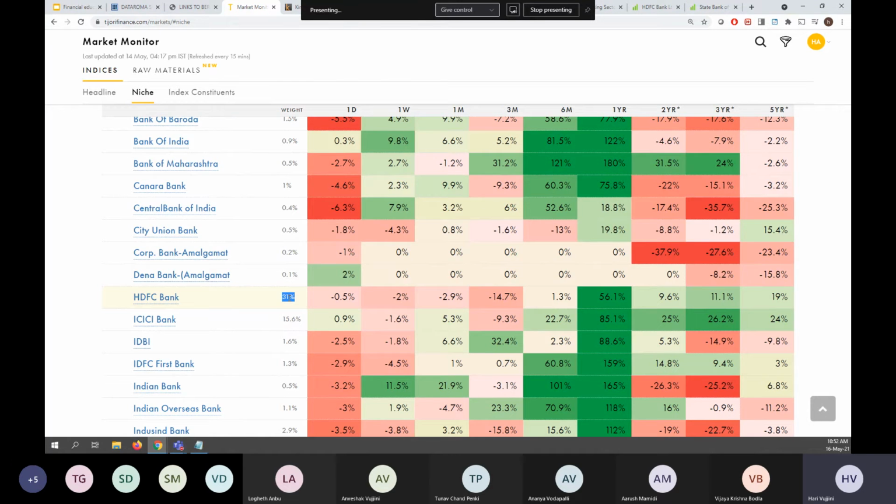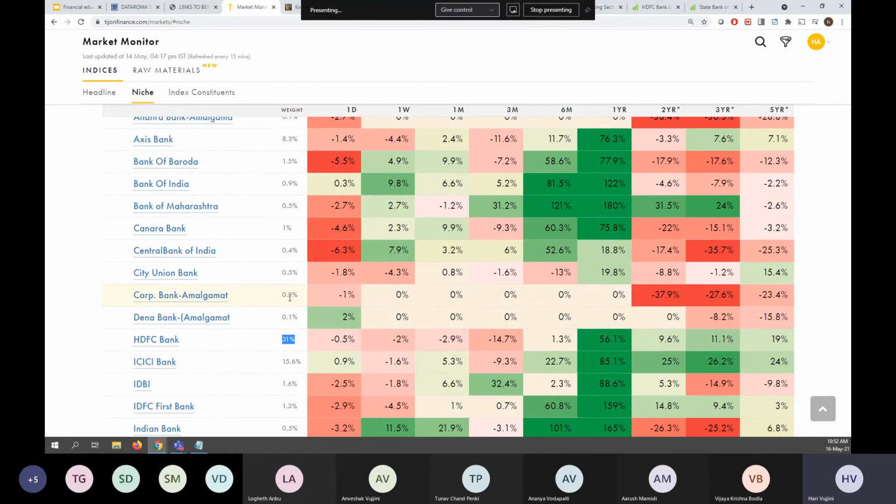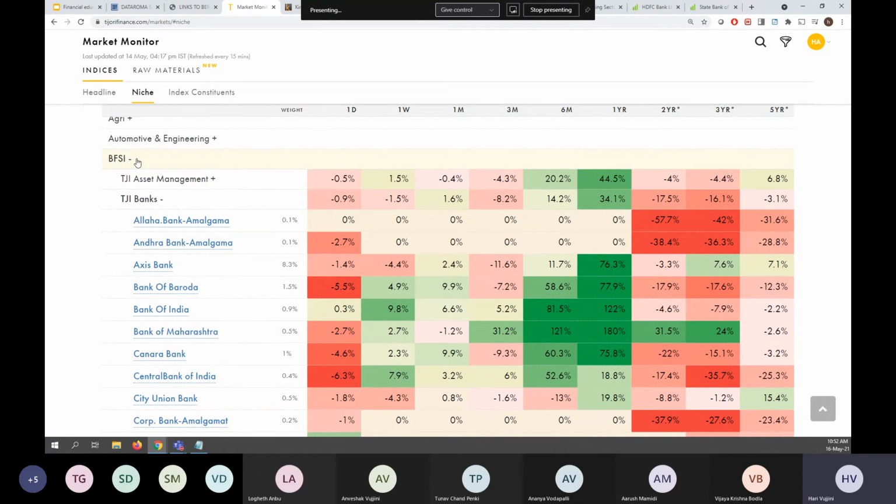So tomorrow, if you buy a bank index fund, you can also buy just a banks index fund. You are thinking, hey, banks are a good business, I think I can make good money by investing in banks. And tomorrow you decide to invest in the bank index in India.